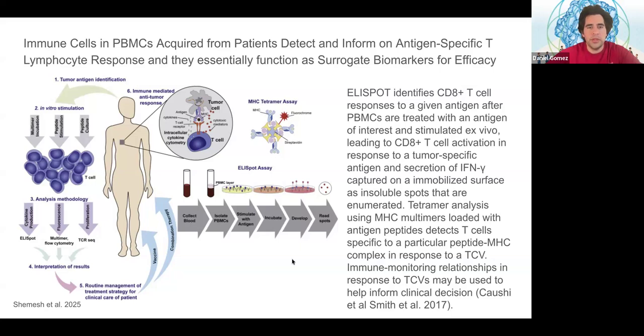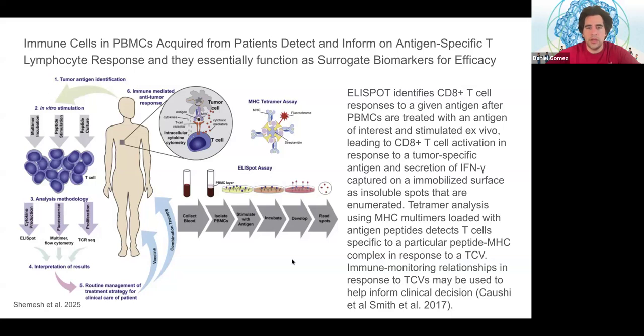Step 6 is immune-mediated anti-tumor response, where we can see the intracellular cytokine cytometry and the T cell that interacts with the tumor cell. In the ELISA spot assay, we collect blood, isolate PBMCs, stimulate with antigen, incubate, develop, and read spots. And in the MHC tetramer assay, we have an MHC, streptavidin, and fluorochrome.